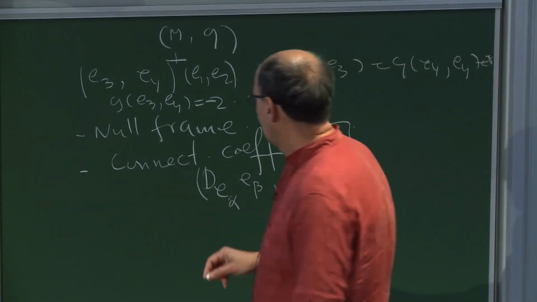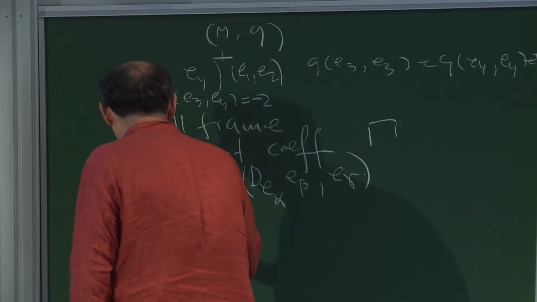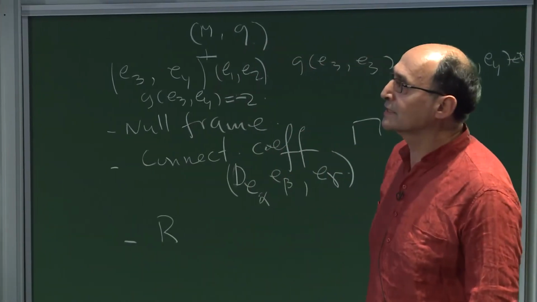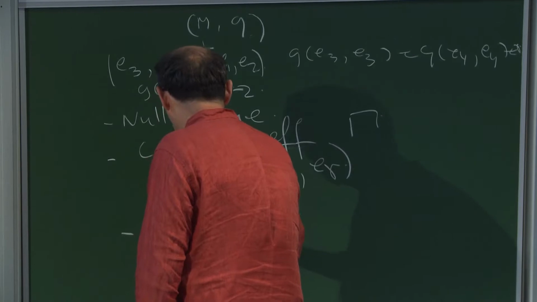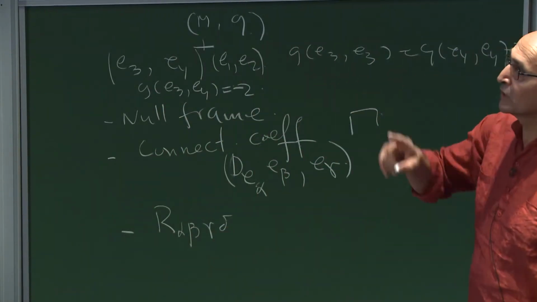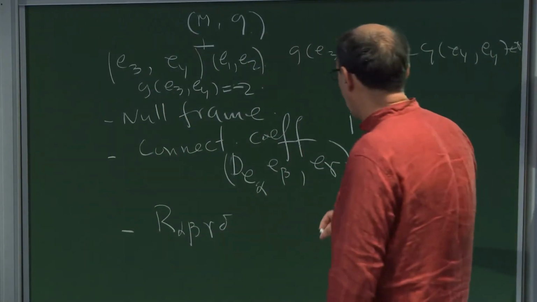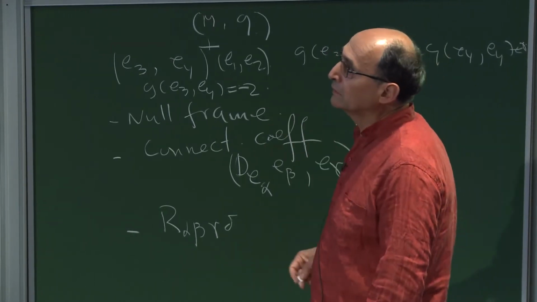And then the next thing you do is you look at the curvature. So this is the curvature tensor, and the curvature tensor is a 4-tensor. You also decompose it relative to the frame, and you get various coefficients.